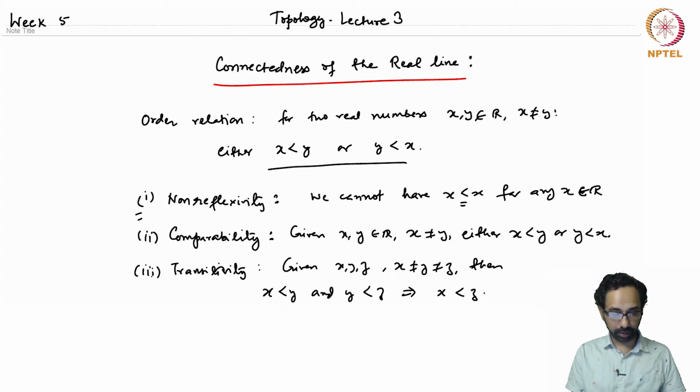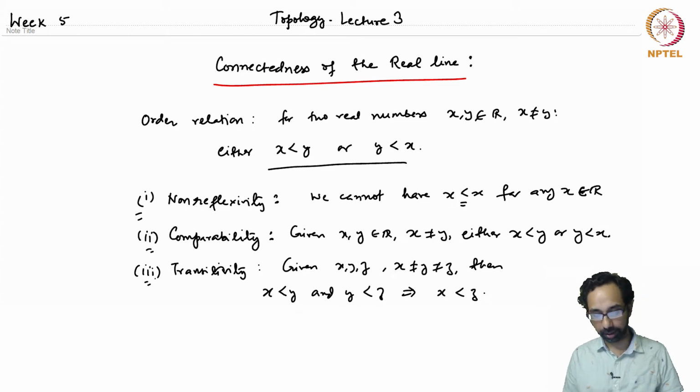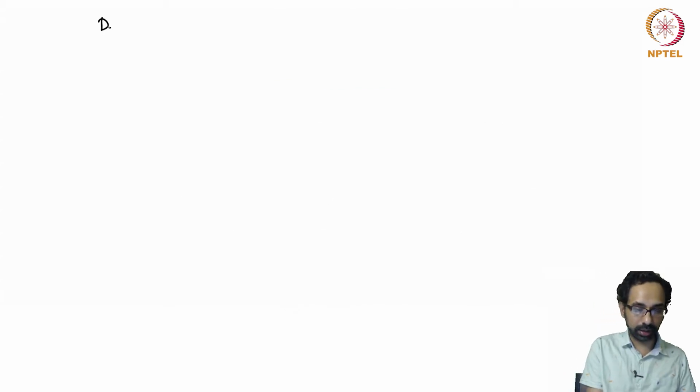So with these three properties, we can try to generalize these concepts to arbitrary sets in the form of binary relations. So let us define what is a binary relation.